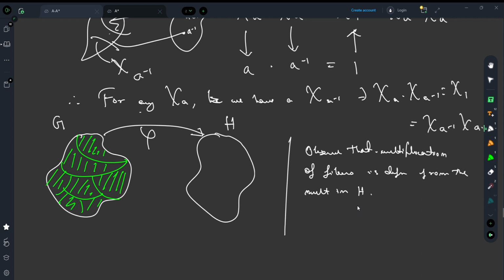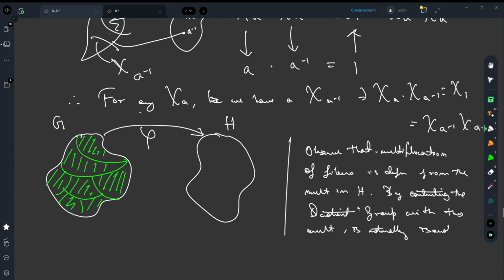So by constructing the quotient group with this multiplication, it's naturally isomorphic.